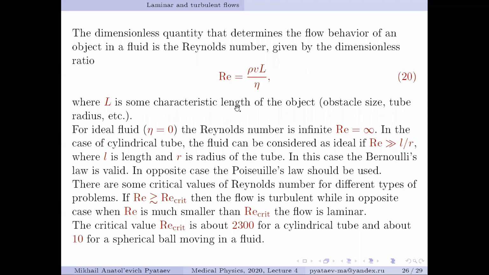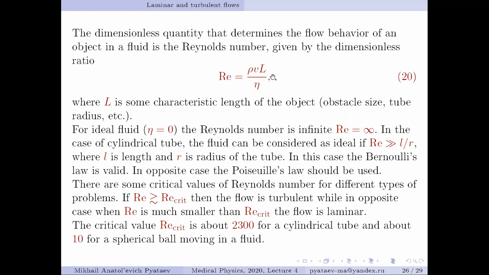L is some characteristic length of objects. For example, if we consider a ball falling inside liquid, L equals the radius of the ball. If we consider a flow of a liquid inside tube, then L is radius of tube.